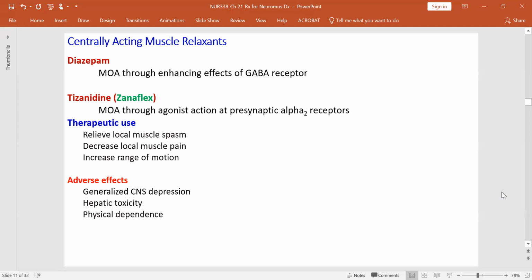Adverse effects will include the following: generalized CNS depression, obviously because the drug depresses the central nervous system, and hepatic toxicity. Especially tizanidine, it can cause liver damage.